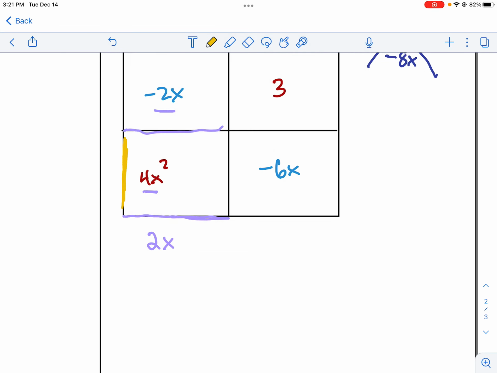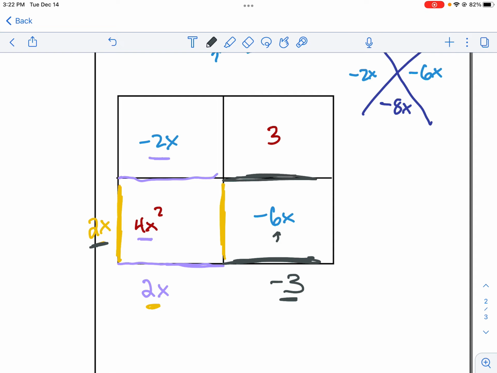This length here would have to also be 2x, because 2x times 2x would give me this 4x squared. Now this yellow length being 2x forces this bottom length to be minus 3. 2x times minus 3 would give me minus 6.